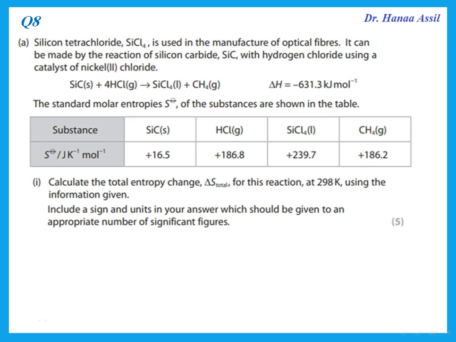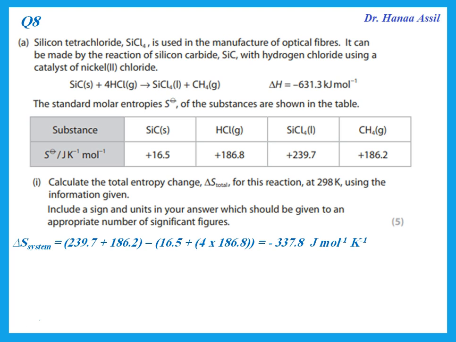Then this question says silicon tetrachloride is used in the manufacture of optical fibers, and he gives me the equation with its delta H. He also gives the molar entropies of the substances involved, and he says calculate the total entropy change for this reaction. Again, how do we get the total? The total means I need to get delta S system, I need to get delta S surroundings, and then add them up. So how do we get delta S system?